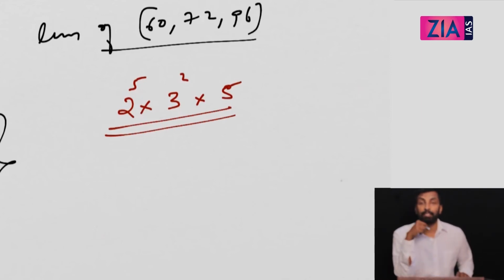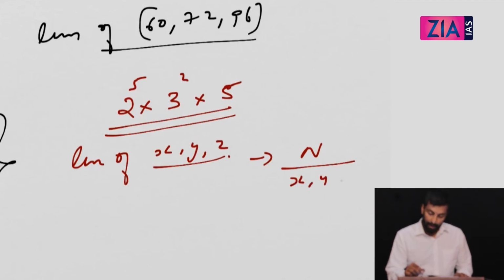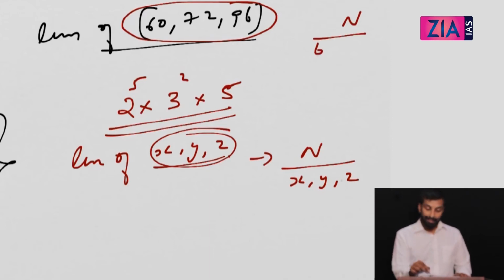Now what is this concept of LCM? See, if I ask you to find the LCM of x, y, z, I am actually looking for a number which is divisible by x, y, z. So the LCM of 60, 72 and 96 means I am looking for a number which is divisible by 60, 72 and 96.